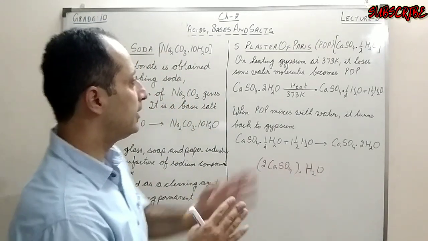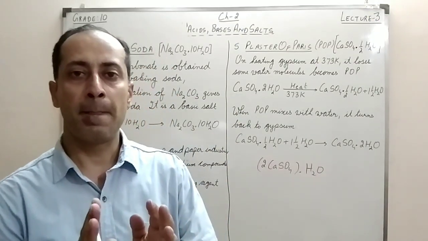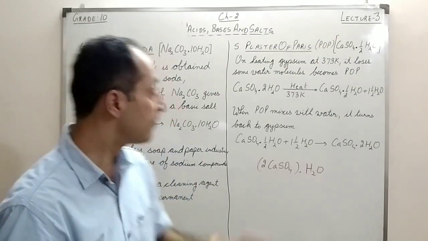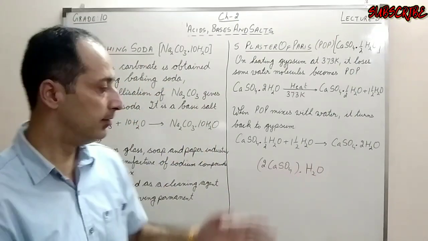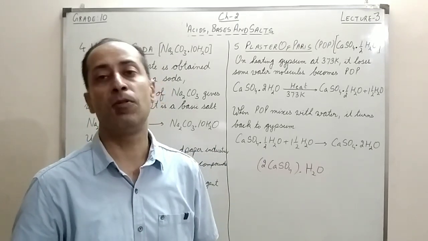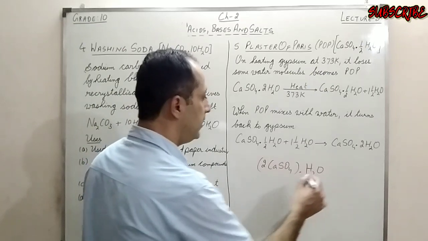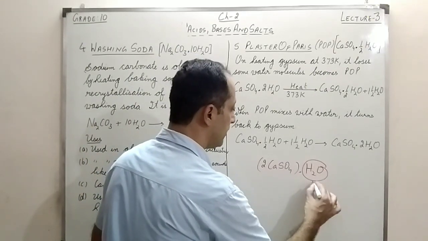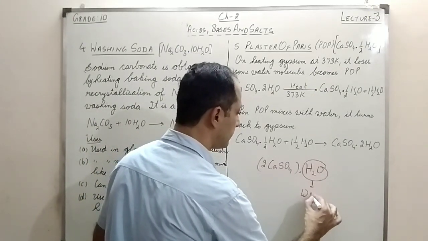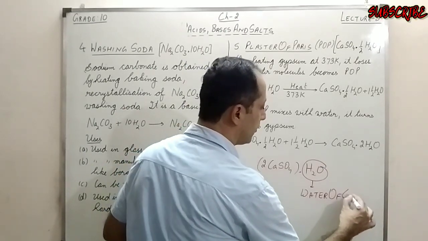Now, this was the last thing of this chapter. As I said, what is this water? This water is basically called water of crystallization. These water molecules which are attached to the salts are called water of crystallization.